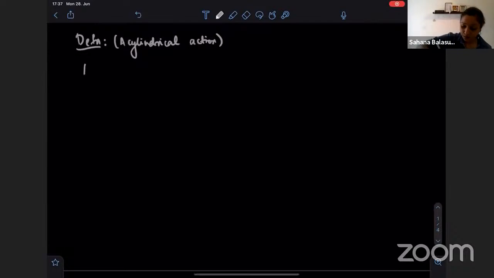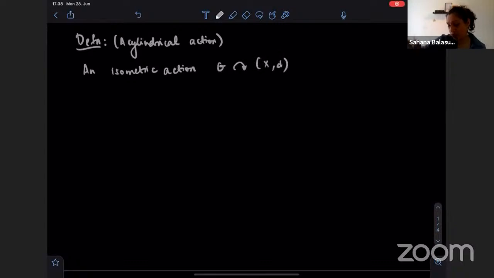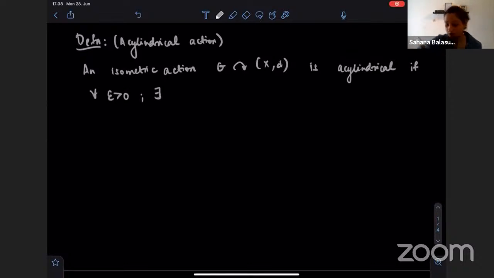So an isometric action of a group G on some metric space X, and this is the notation that I'll use to denote a group action, is acylindrical if for every epsilon bigger than 0, there exist two constants.